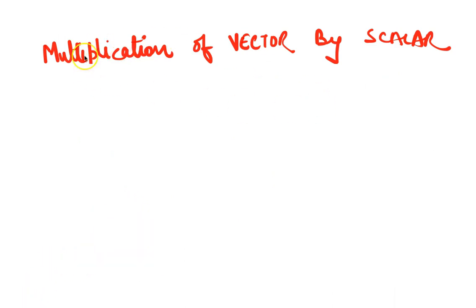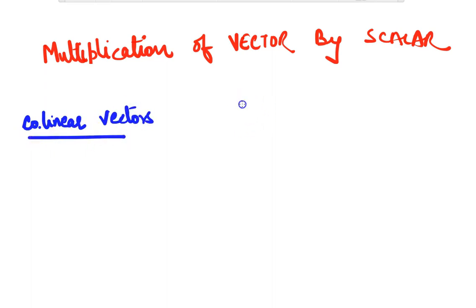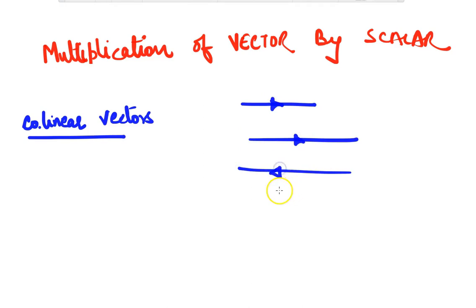So we're still on the multiplication of a vector by scalar. Let's talk about another type of vector, which is collinear vectors. These are vectors which are parallel to each other, right? So a vector, b vector, and c vector are parallel to each other with different magnitudes.